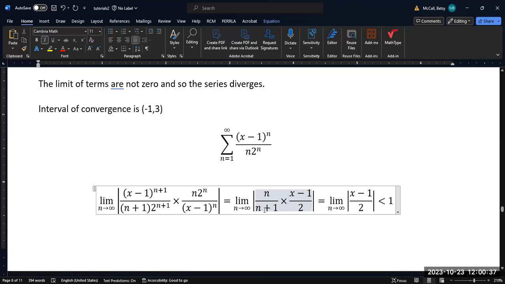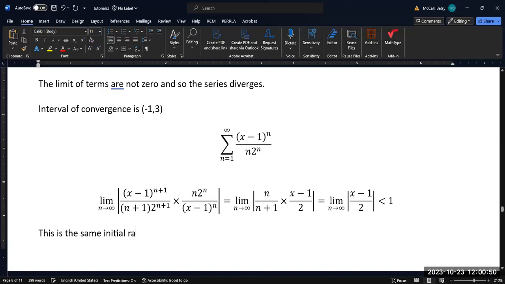Where this n will become important is where we check those endpoints. So we still end up with the same radius of convergence that we had before. I should say the same initial radius of convergence from the last case. But we have to check the endpoints.